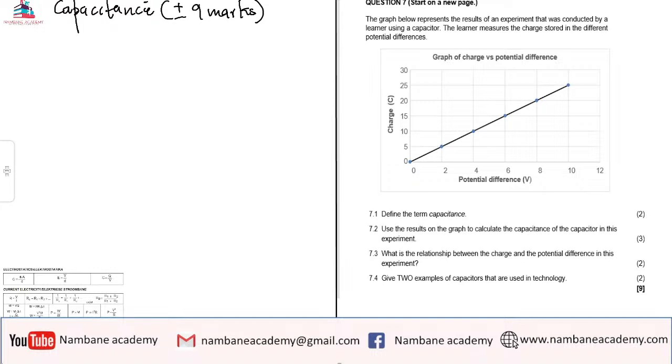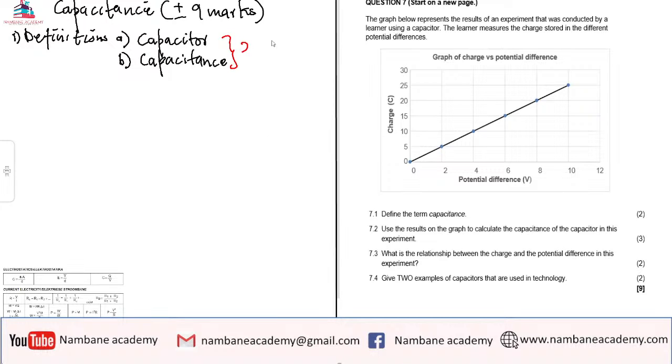However, there are only two important definitions that one must worry about: a definition of a capacitor and a definition of capacitance, the capacitance of a capacitor. These are the most important definitions that each and every one of us must worry about, because it's already the 2 marks.